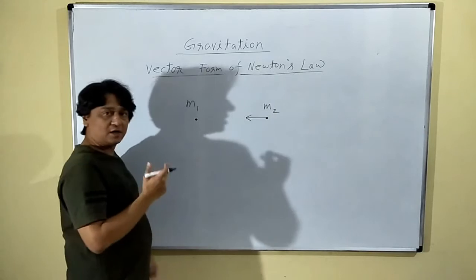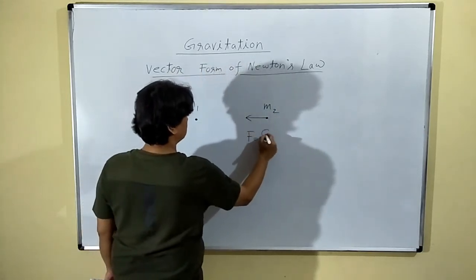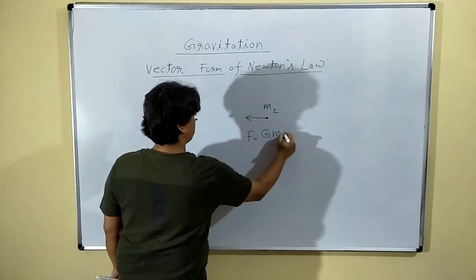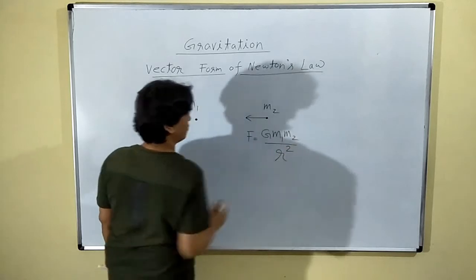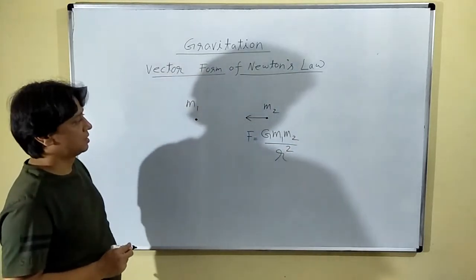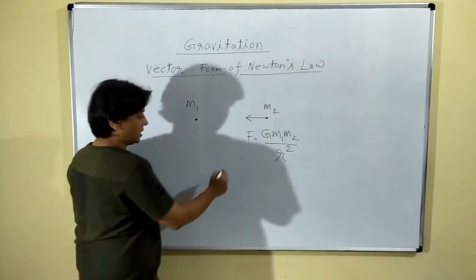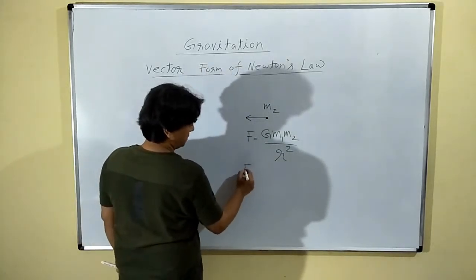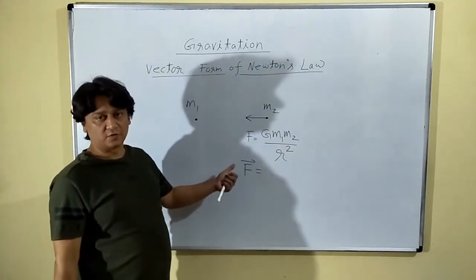They attract each other with a force given by G m1 m2 upon r square. But force is a vector, and we are interested in its vector form.